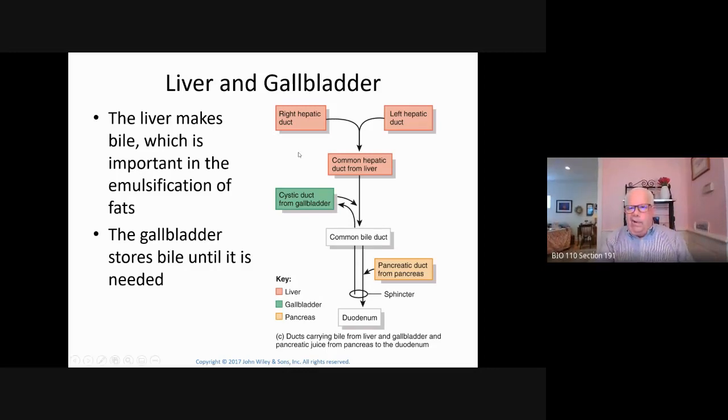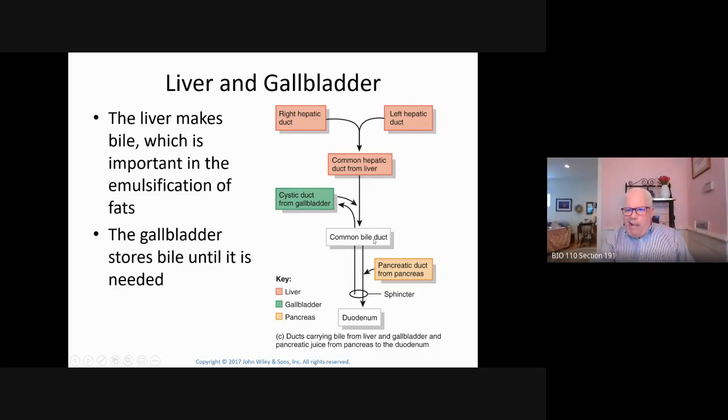All of these things are connected. There is a right hepatic duct from the liver and a left hepatic duct. They come together forming the common hepatic duct. The common hepatic duct attaches to the cystic duct from the gallbladder, giving us the common bile duct.